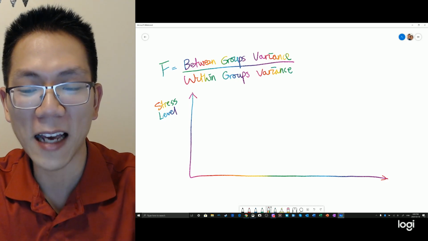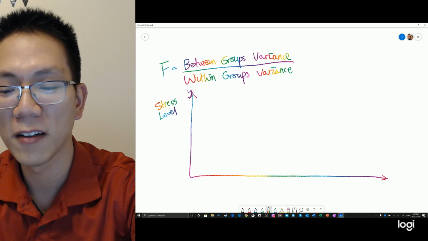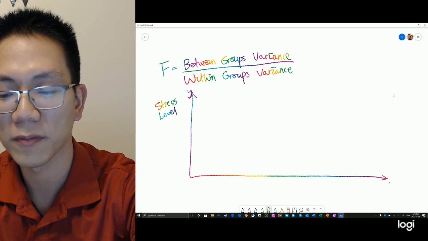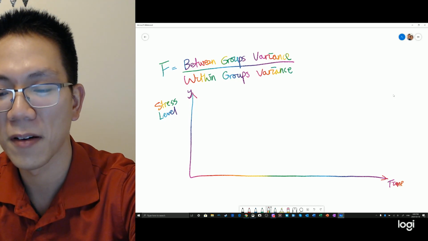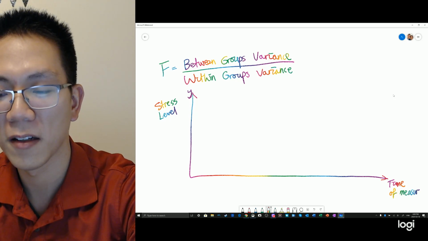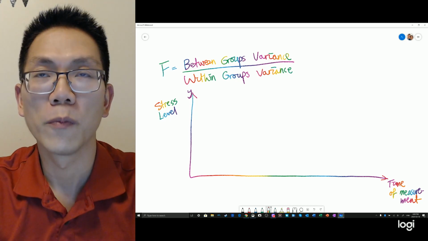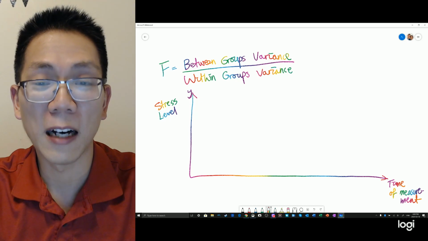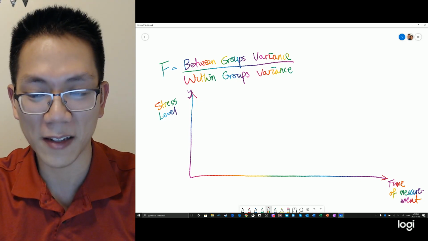For the x-axis here, we may consider the time of measurement. Thinking back to the example, when are we going to measure or assess the participants' stress level after the therapy?